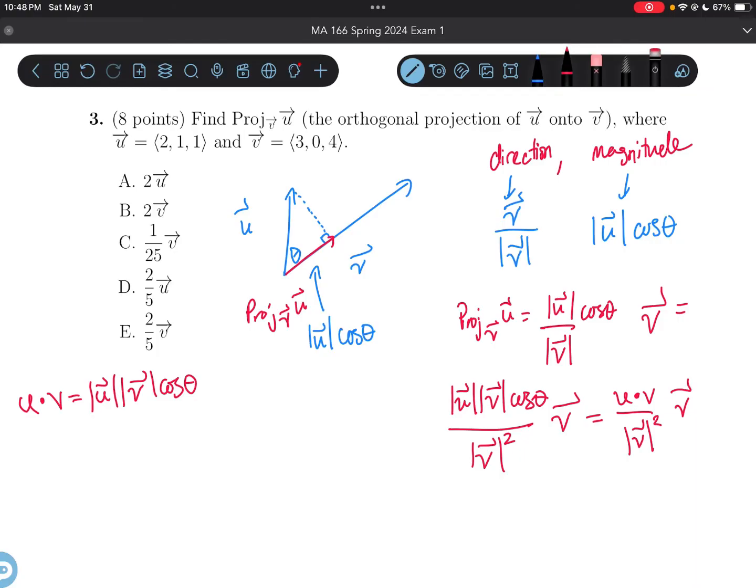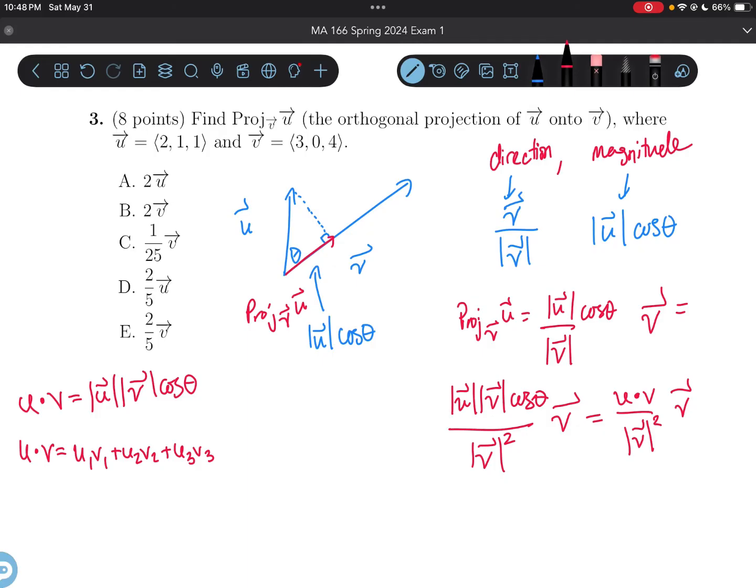So I gave one formula for the dot product. The other formula states that if the value of u is u1, u2, u3, and the value of v is v1, v2, v3, where those are like the coordinates, the dot product is equal to u1 times v1 plus u2 times v2 plus u3 times v3.